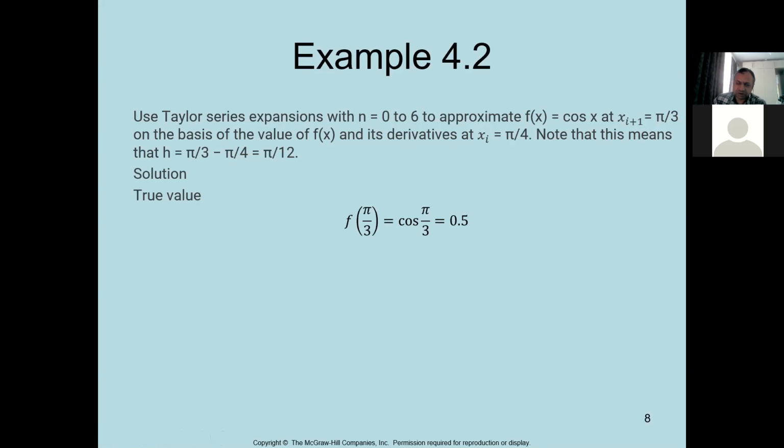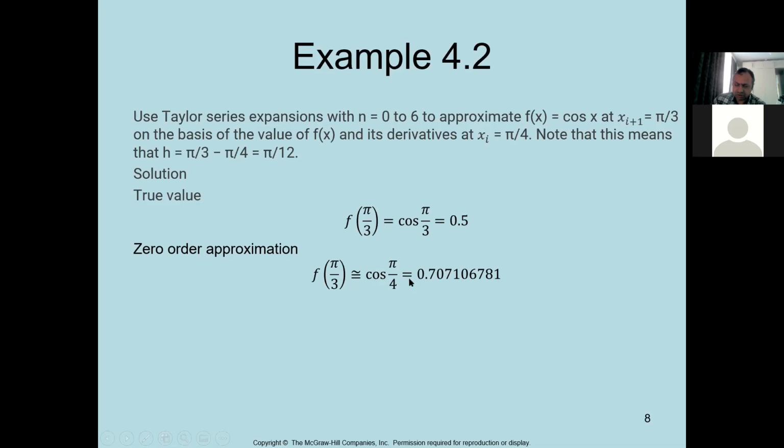First of all, let's find the true value. Of course, we already know that it is 0.5. We can use this true value for calculating the true error, or in this case, the true percentage error. The 0th order approximation will be equal to the value of the function at the given point.